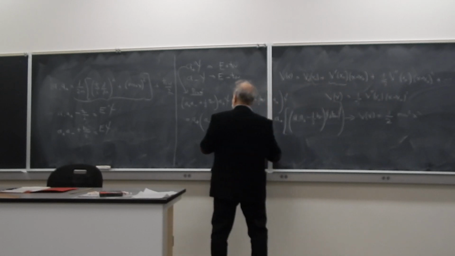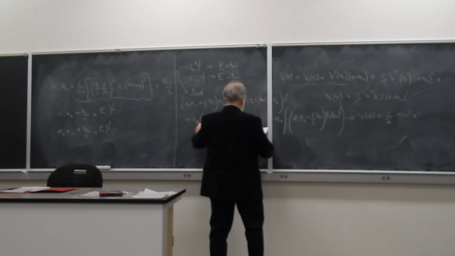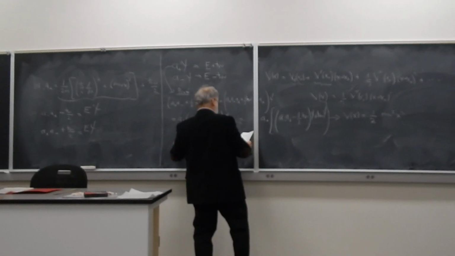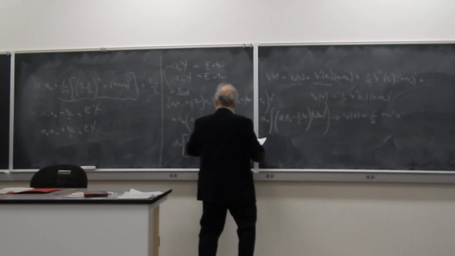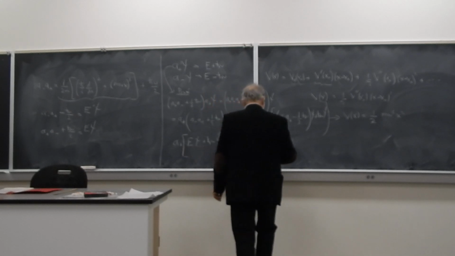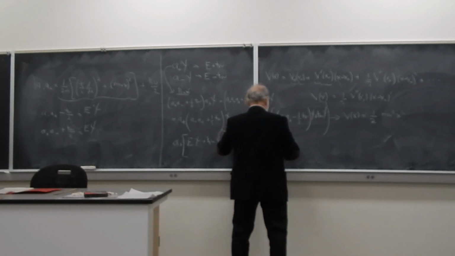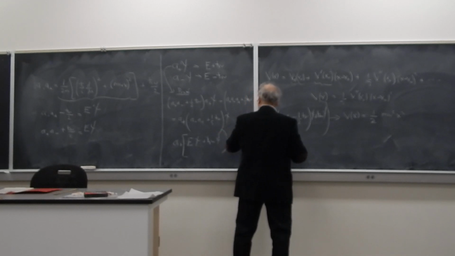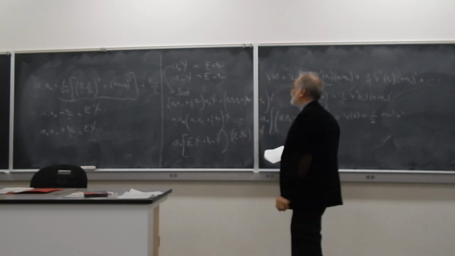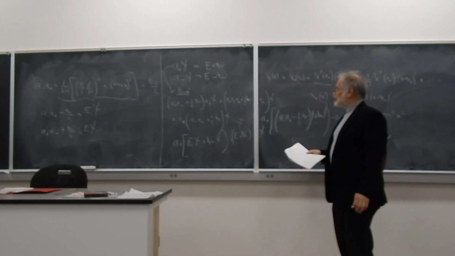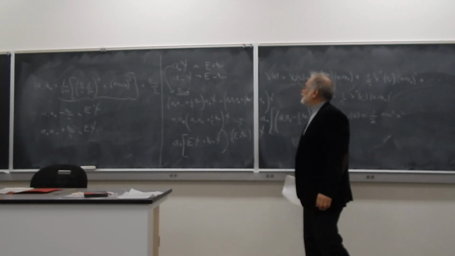Well, this gives me A plus operating on E psi plus h bar omega psi, which of course is just (E plus h bar omega) times psi. So it works. And of course you can prove the other as well.